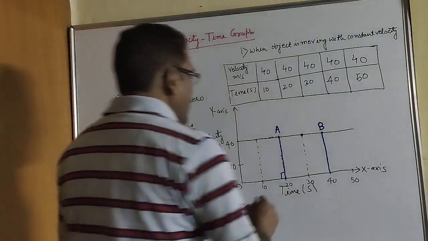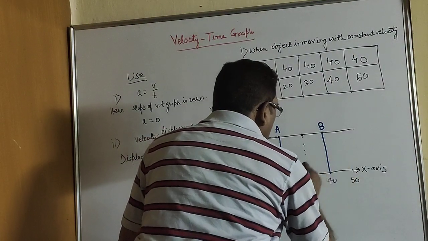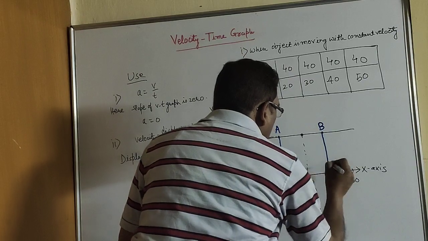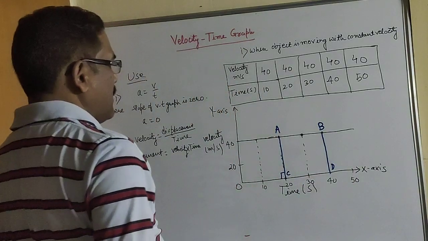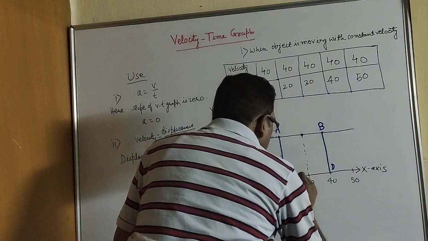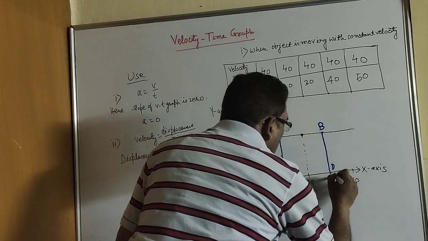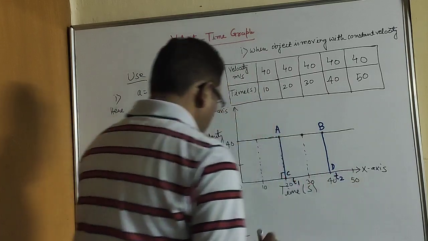Name them C and D, and they cut the time axis. Mark these points as T1 and T2.